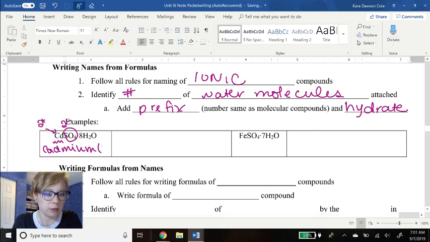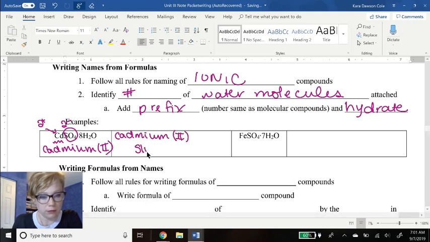So this would be cadmium 2, and then SO4 is, again, sulfate. So cadmium 2 sulfate.